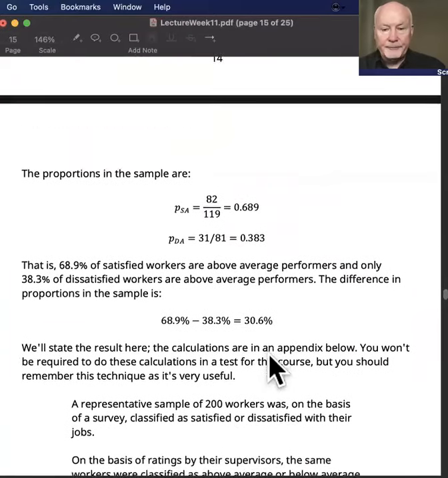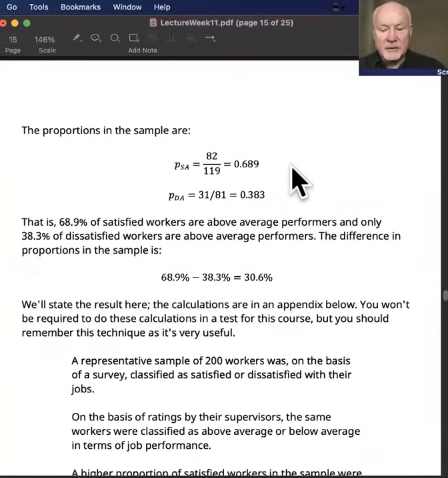So there are the raw proportions. PSA is the proportion of satisfied workers performing above average, and PDA is the proportion of dissatisfied workers performing above average. As you can see, the satisfied workers have a much higher proportion than the dissatisfied workers.